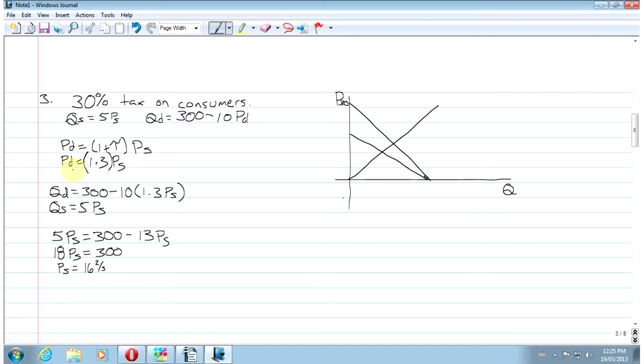So then if PS is 16 and 2/3, then PD is 1.3 times 16 and 2/3, which is 21 and 2/3.